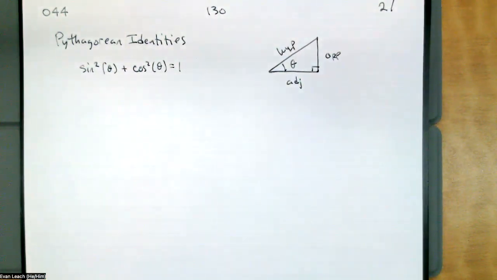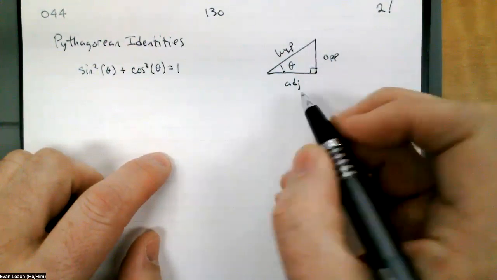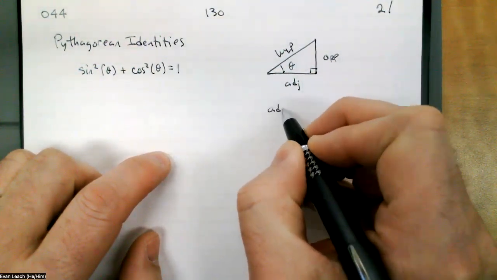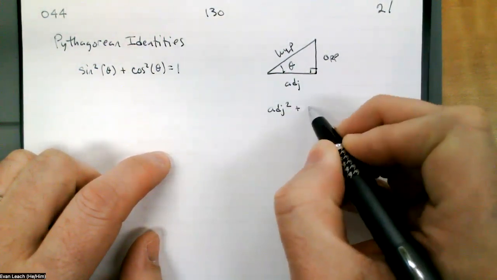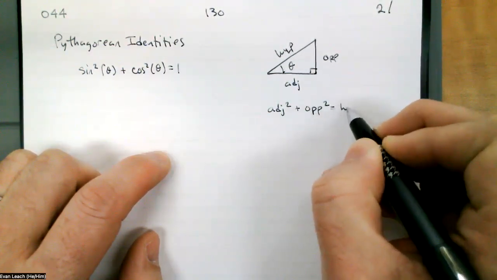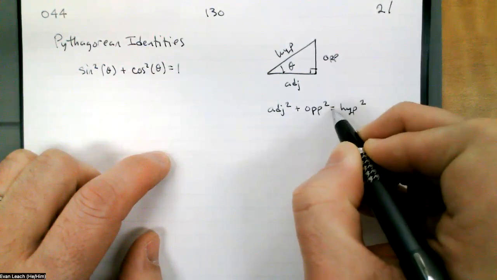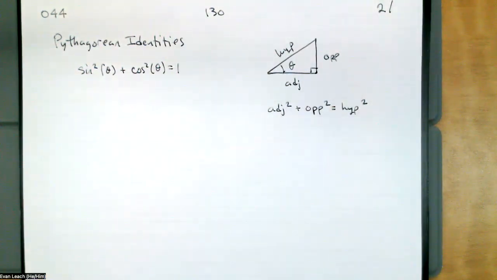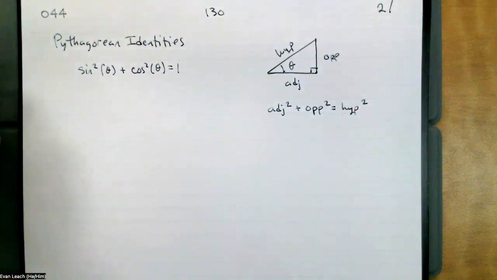The reason these are called Pythagorean identities is because they are based on the Pythagorean theorem. We know that in a right triangle, the sum of the squares of the legs of the right triangle is equal to the square of the hypotenuse. But we also know that sine of theta is opposite over hypotenuse. Cosine of theta is adjacent over hypotenuse.